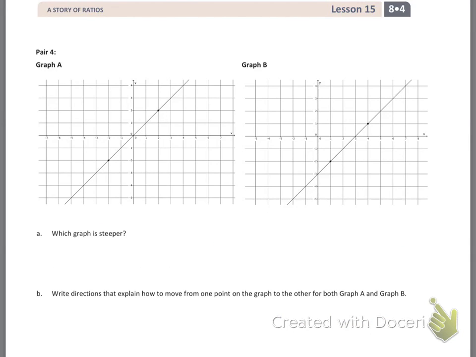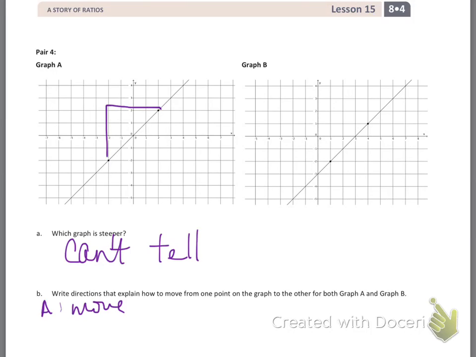Okay, so let's look at pair 4. So with pair 4, I'm looking at them and thinking I can't really tell which is steeper. They're very similar. And if I want to write directions on how to move from one point to the other, again, I'm going to count grid spaces. So for graph A, I'm going to move 4 units up and 4 to the right.